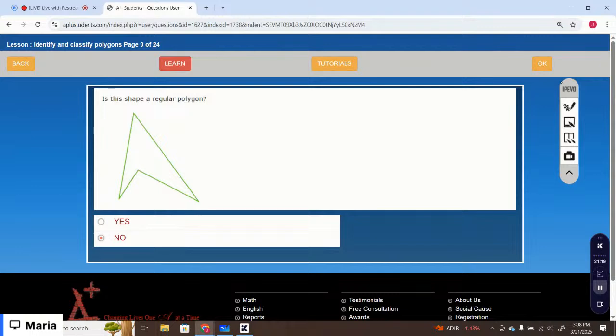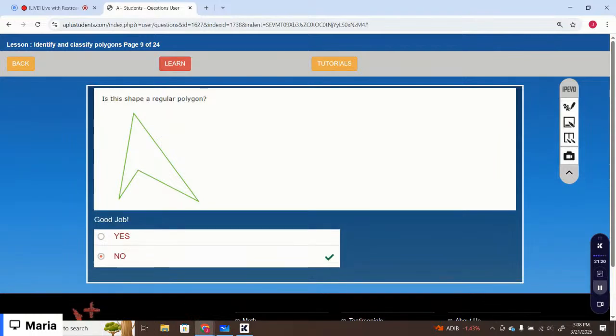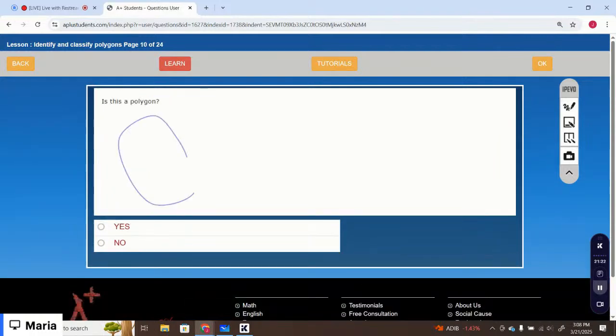No, that is not a regular polygon. Option number two is the correct option.